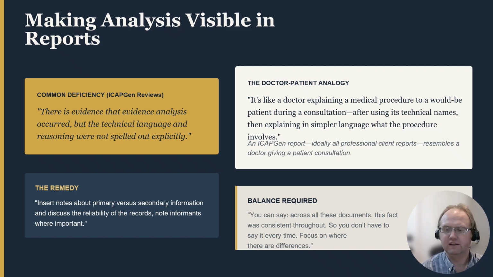So I like to think of it as a doctor-patient consult analogy. In my opinion, a good doctor will use the formal terminology to describe what we're doing, like an otomy or whatever, and then after using that, explain what that is: we're going to do this and this and this, in the simpler language that an average person typically understands and can follow.